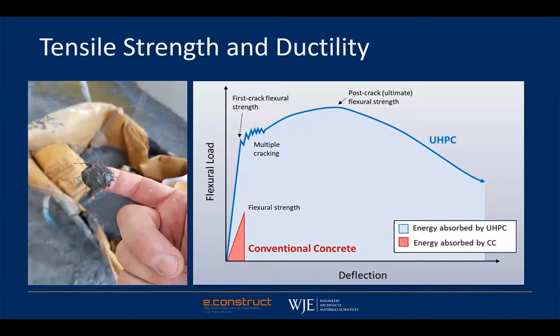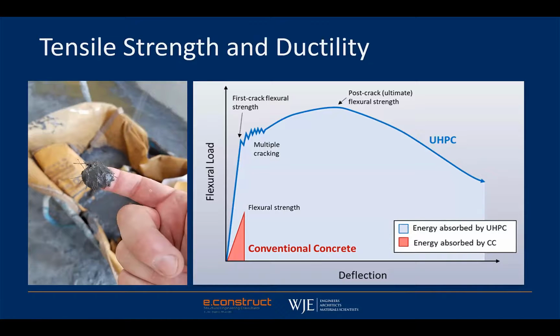So first of all, UHPC is stronger in tension. I've said that. Tension performance can be evaluated in terms of flexural testing, and that's the basis for the curve that I'm showing here on the screen. UHPC is stronger in tension to the point that the tensile capacity can actually be reliably used in the design of structures.